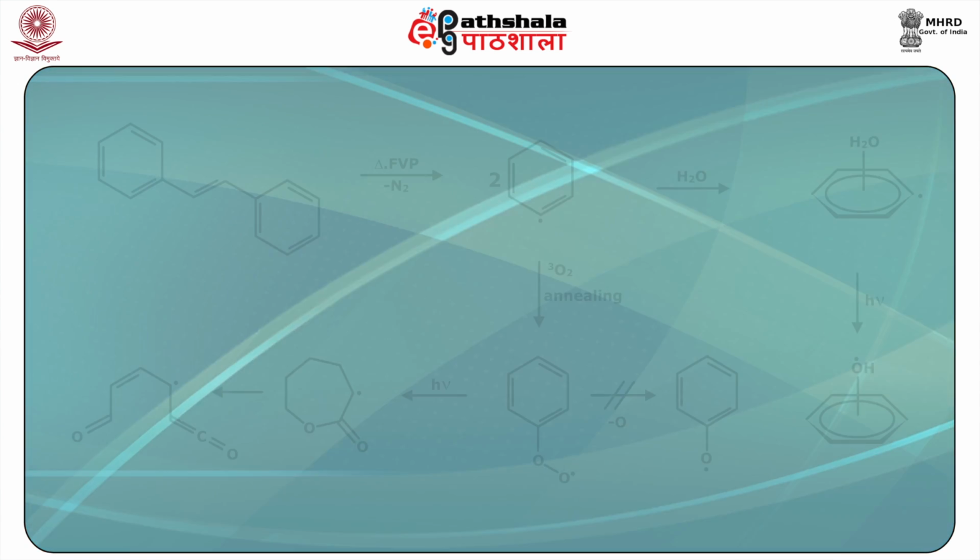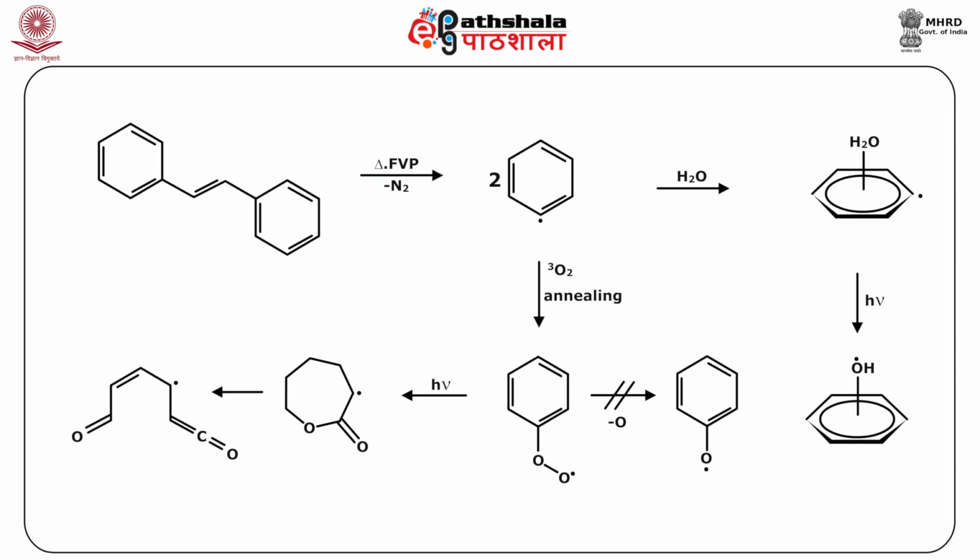Irradiation of the phenyl peroxy radical with visible light leads to its rearrangement, as you can see here, into 2-oxy-phenoxy radical, while the phenoxy radical is not formed under the conditions of matrix isolation spectroscopy.